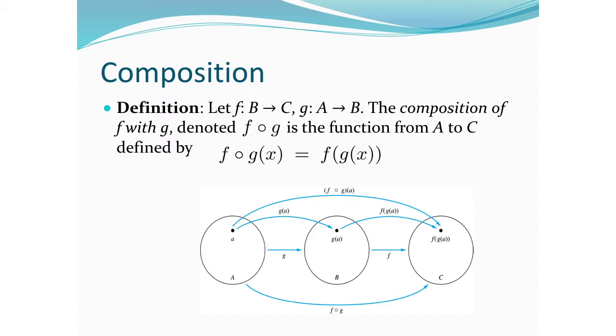Now if you look at the diagram here, we have a mapping between element A and B, and we said g of A is B. From the other side, we have C, and f of B is C. Now if you want to take the composition, you could simply say the function f of g of A is basically C. So you will end up in C by the image of the function f, which resembles embedding the function g of A inside the function f.